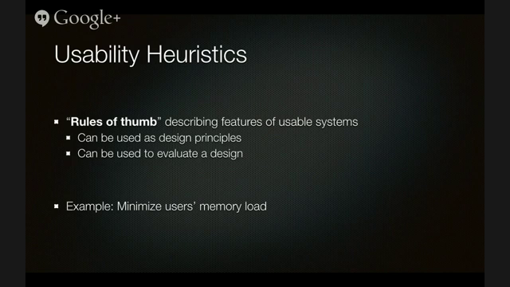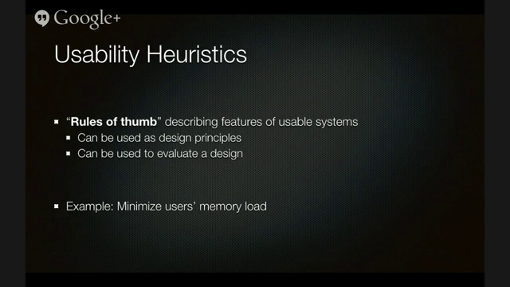So anyway, the point of a usability heuristic is that it's a rule of thumb. It is some way of describing what is good about a usable system. And then you can apply that to a system and judge that system based on whether or not it follows those heuristics.